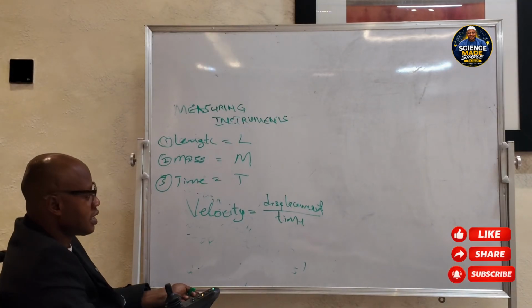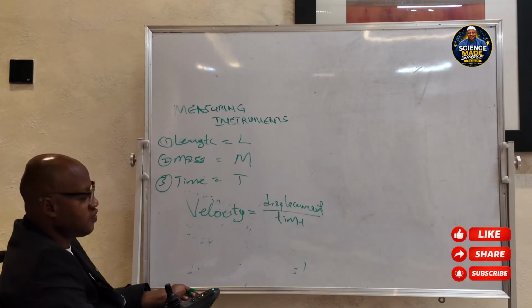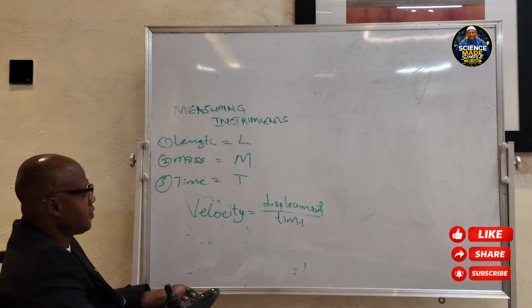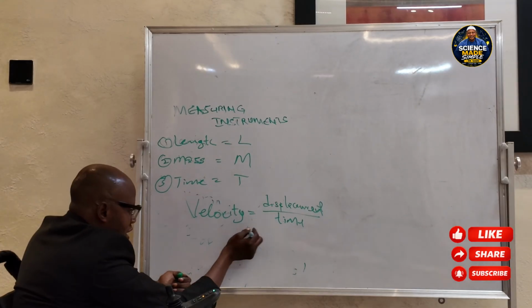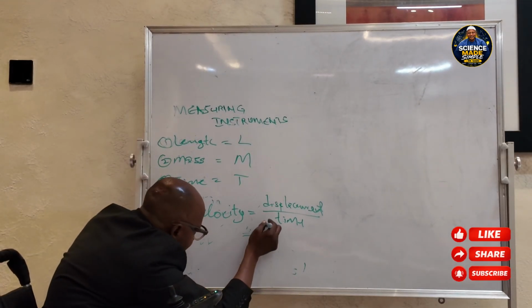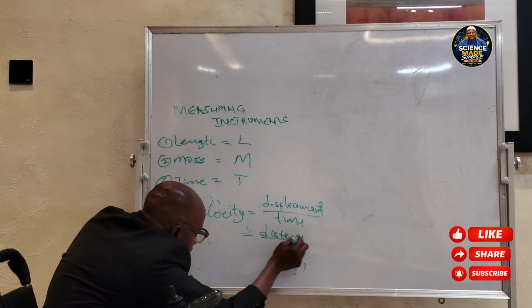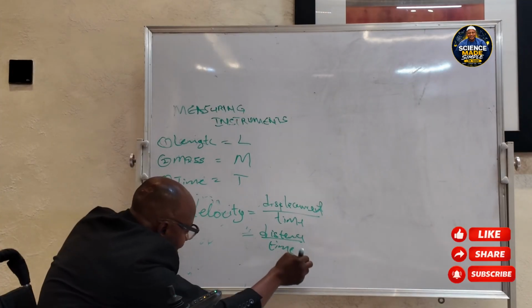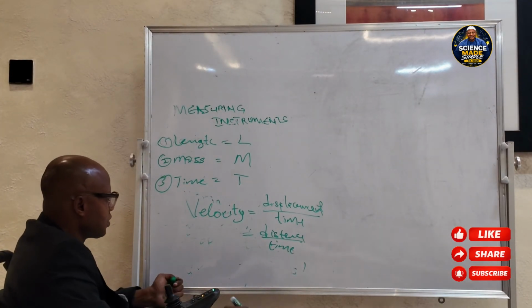Displacement is the same thing as distance, but it has direction. Displacement is a vector quantity, while distance is a scalar quantity. Distance in a specified direction, that is displacement.